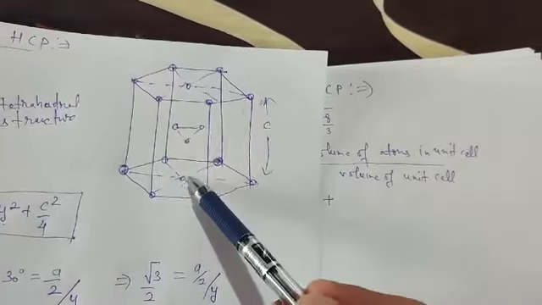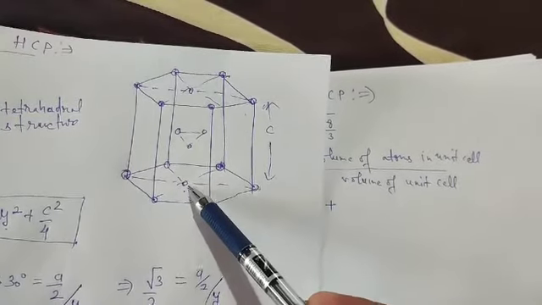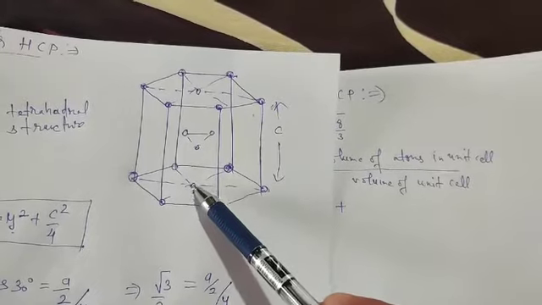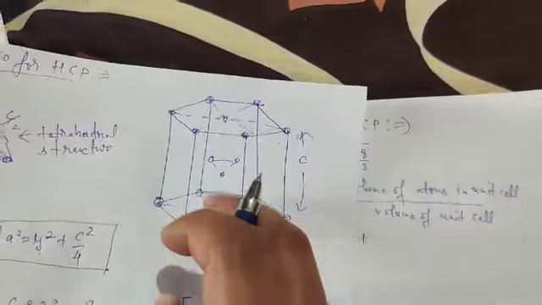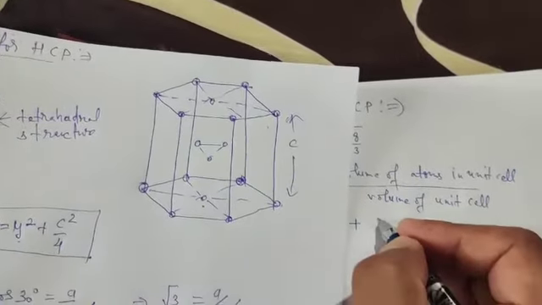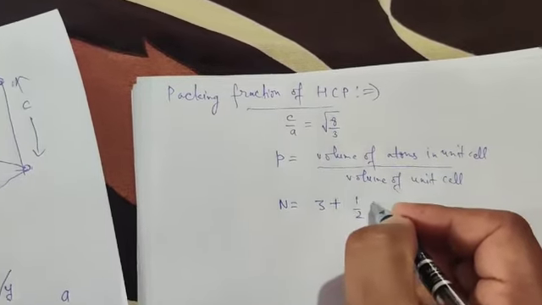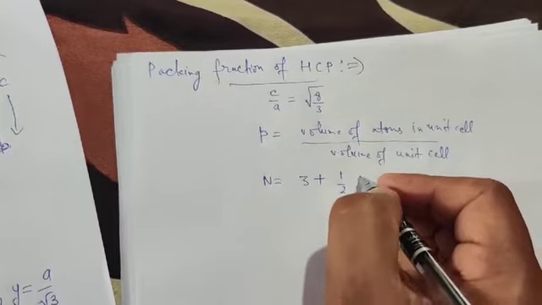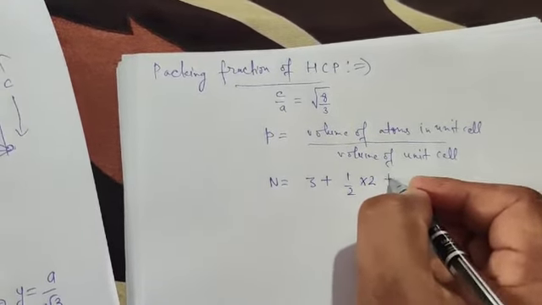There are 2 atoms on the faces. For this face, the effective contribution to this unit cell will be half. Since we have 2 face centered atoms, their contribution is 1 by 2, because their contribution is half. We have 2 atoms, therefore this is multiplied by 2 and plus.